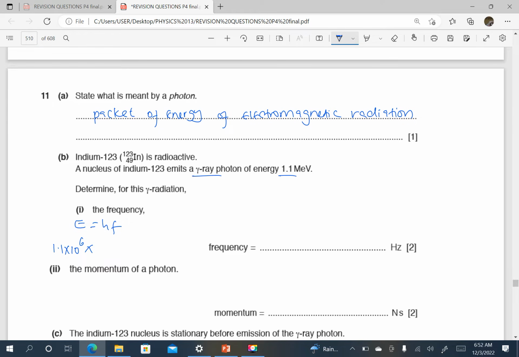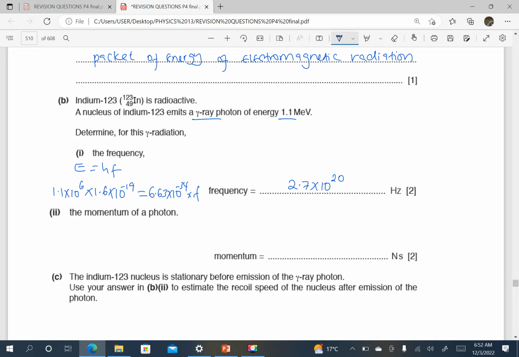I convert electron volts to joules, 1.6 times 10 power negative 19. Then Planck's constant, that is 6.63 times 10 power negative 34, times f. Just divide both sides. So from my calculator, I'm getting the frequency as 2.7 times 10 power 20 hertz.